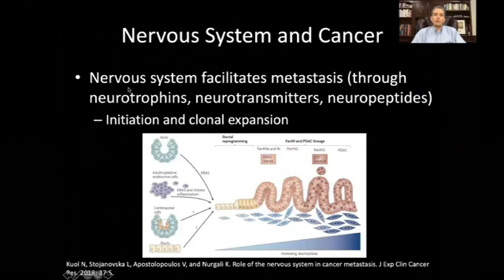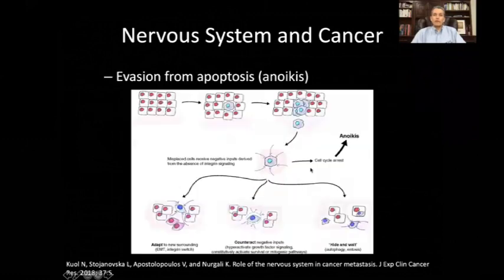The nervous system can control initiation of cancer and its initial growth in its location. It can control whether the cancer can survive when it gets separated from its basement membrane, which it should die from, called anoikis, but it doesn't happen, so it continues to live.